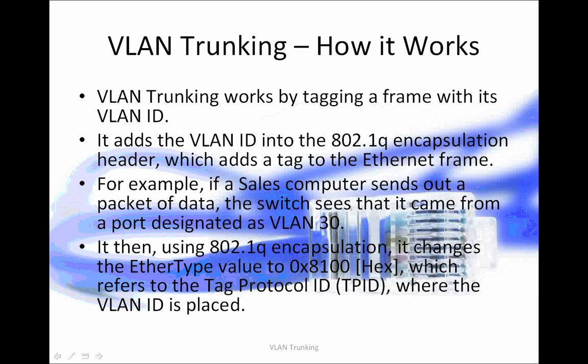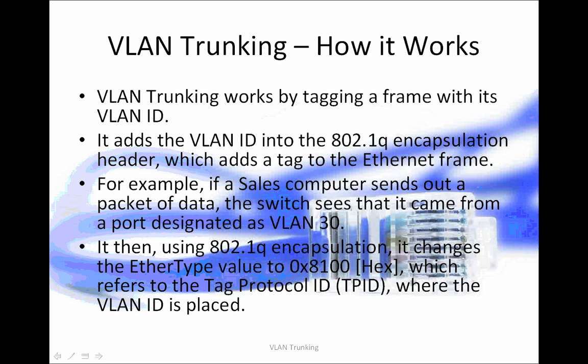VLAN trunking works by tagging a frame with its VLAN ID. It adds the VLAN ID into the 802.1Q encapsulation header, which adds a tag to the Ethernet frame. For example, if a sales computer sends out a packet of data, the switch sees that it came from a port designated as VLAN 30.